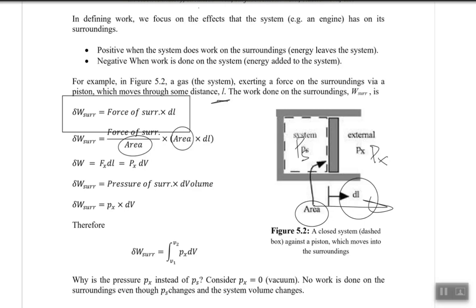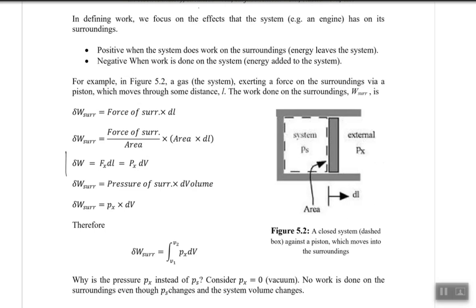That means force of the surroundings per unit area, and area times dl. Force per unit area would be pressure, and area times displacement would be volume. So my new definition of the work done would be the pressure times the volume change.